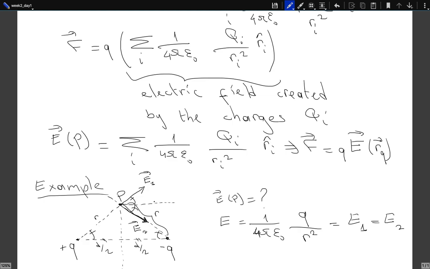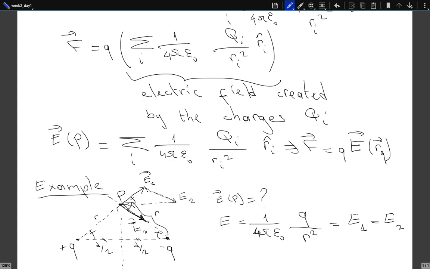Now, I have these two vectors. To sum them, well, I have to add them vectorially. I can geometrically add them. Take one of them and move it to the end of the other one. I just move it here. So this will be my vector.